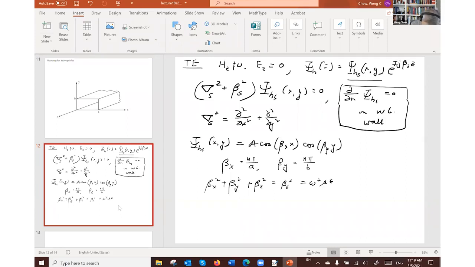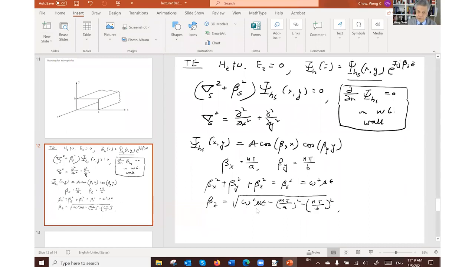Hence beta z squared has to be equal to omega squared mu epsilon minus beta x squared minus beta y squared. And if you plug in the value of beta x, this would be m pi over a squared minus n pi over b squared.